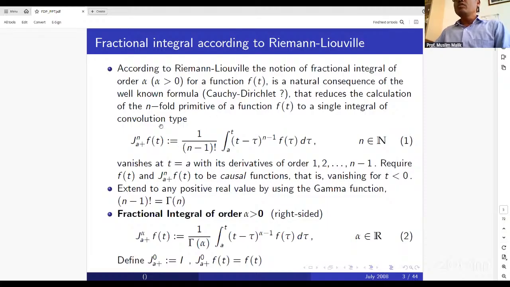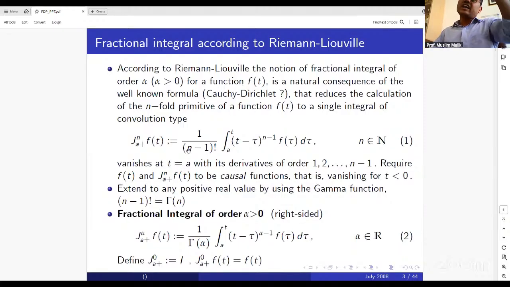And now in equation number 1, if we replace this n by any positive real number, then the issue comes from here: factorial n minus 1 is not defined if n is a positive real number.